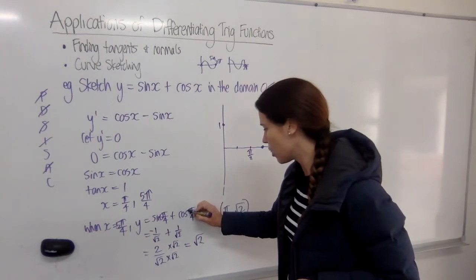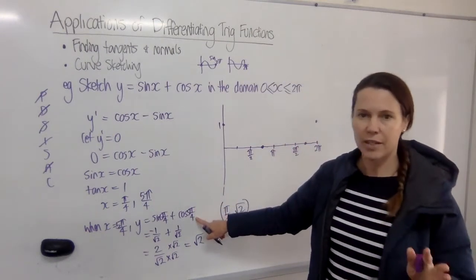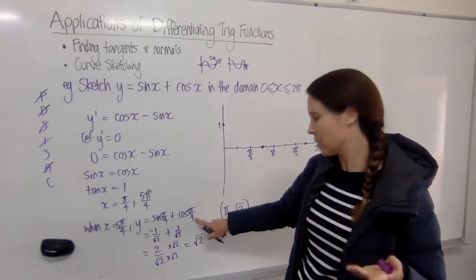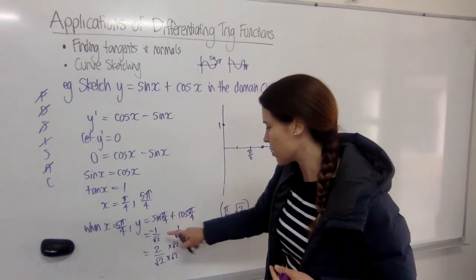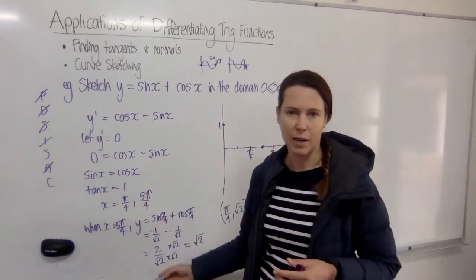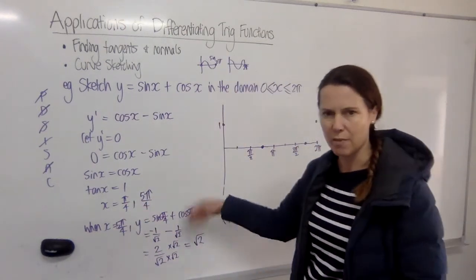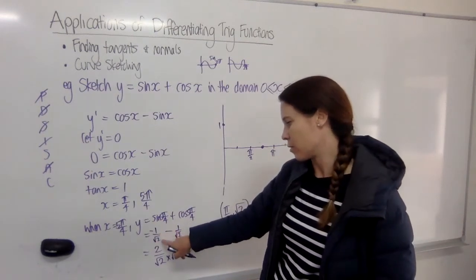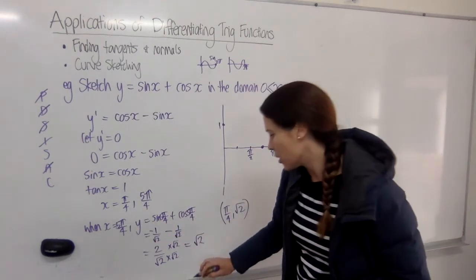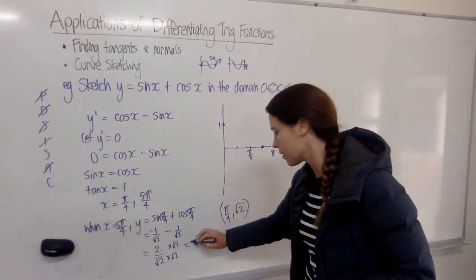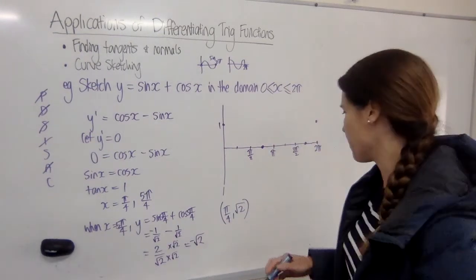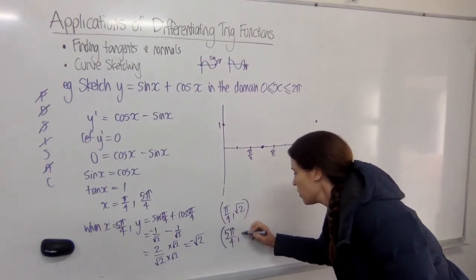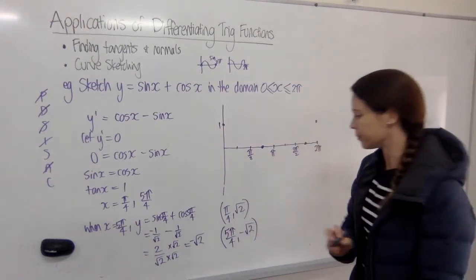And the cos of 5 pi on 4 is very similar to the cos of pi on 4, except it's in the third quadrant, also negative there. Obviously for this second part, I'll write this all out below. I'm just saving board space here. So we've got minus 1 on root 2, minus 1 on root 2. We end up with minus root 2 instead of positive root 2. So our other point is 5 pi on 4, minus root 2.